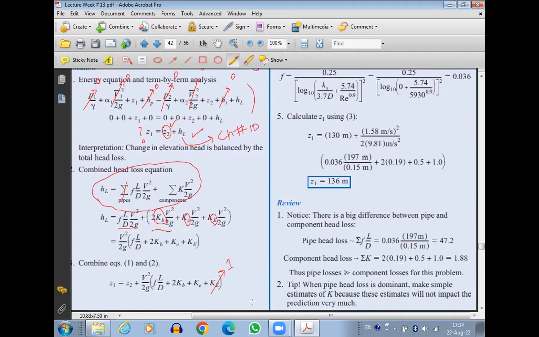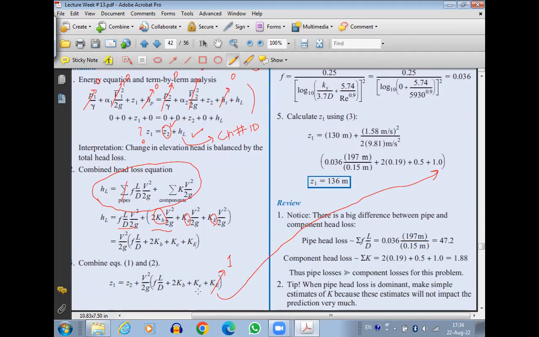Okay, so have a look here. For the case of exit, the loss coefficient is 1.